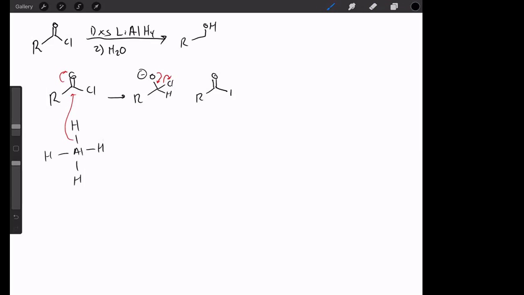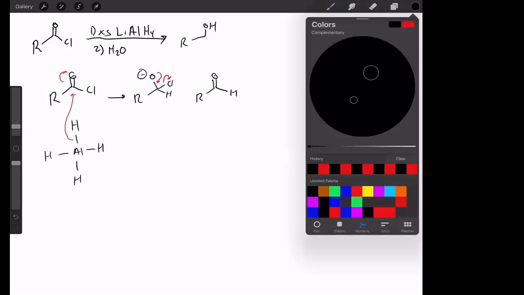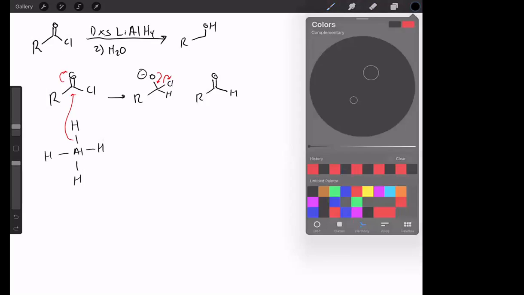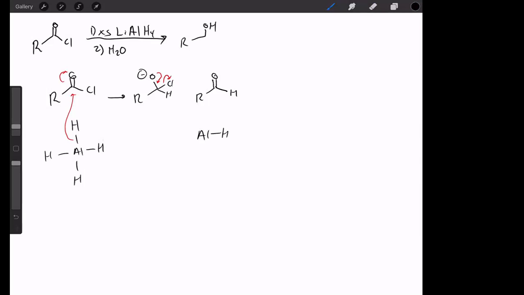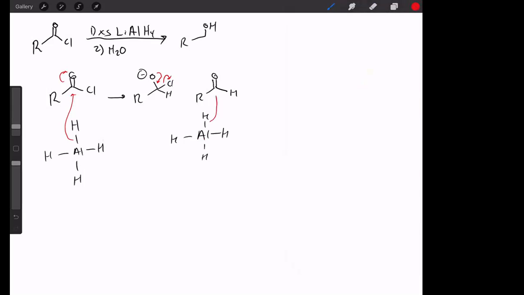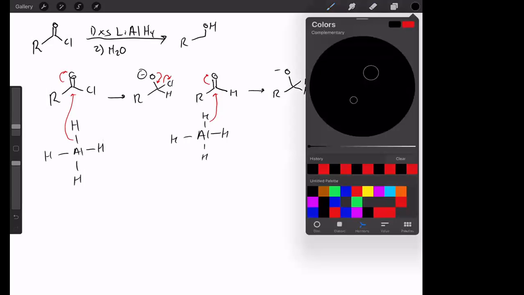Remember that we can't isolate the intermediate aldehyde because lithium aluminum hydride is pretty strong stuff. And even if it's in excess, or if it's not in excess, you end up with a mess of products. So the most synthetically practical use of it is in excess to fully reduce the carbonyl group to an alcohol.